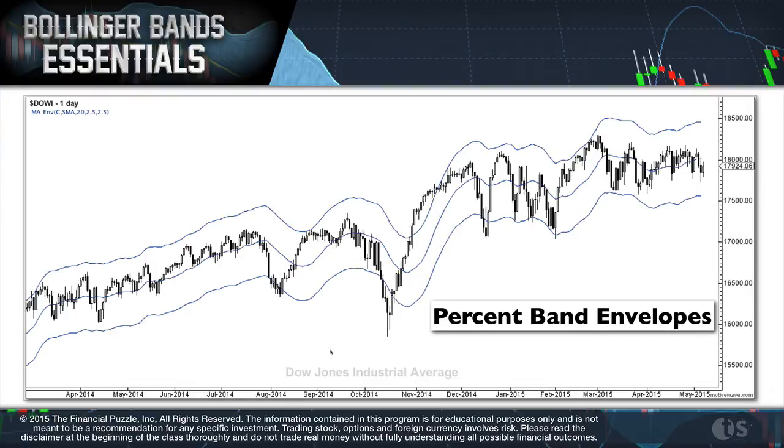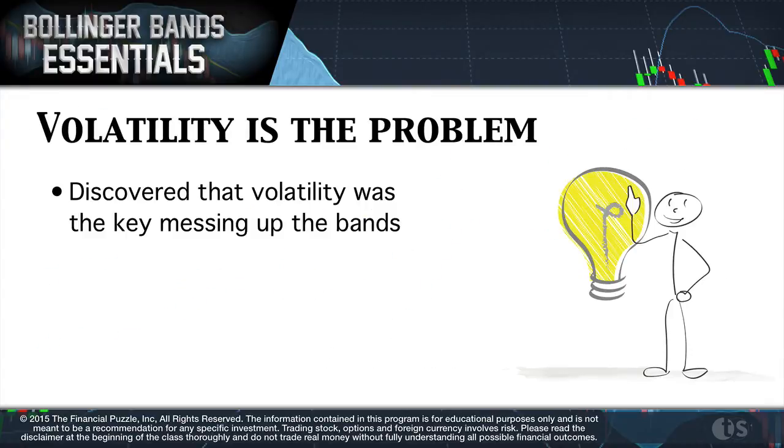And so what John Bollinger did in the 1980s is he started working with this, and he discovered that the key to distinguishing where these bands need to be is in the volatility. The component that percent bands could not bring to the table is the nature that volatility is inevitable. Volatility is something that we have to deal with in the marketplace.